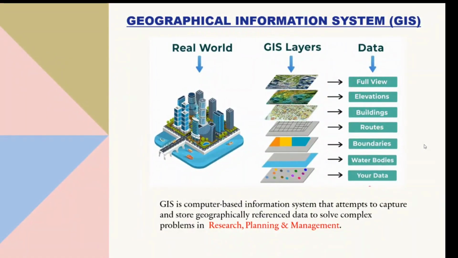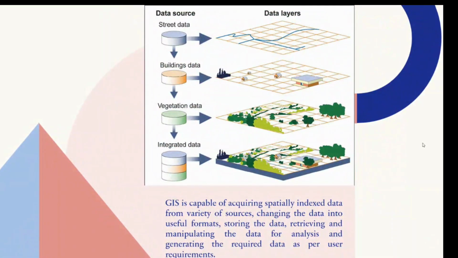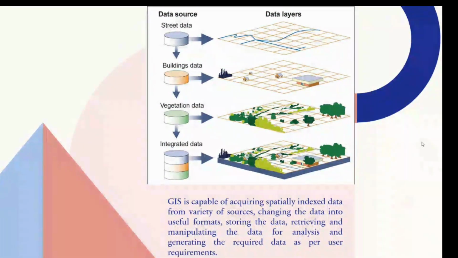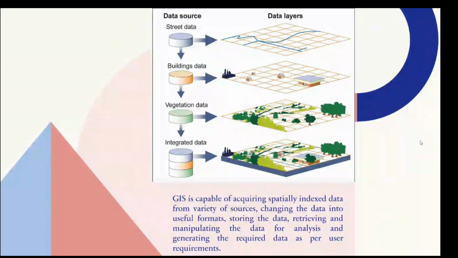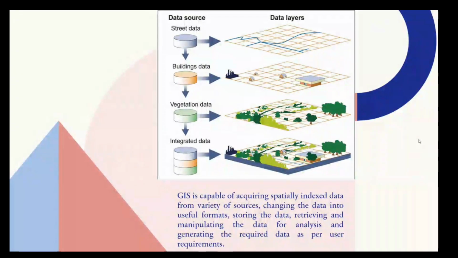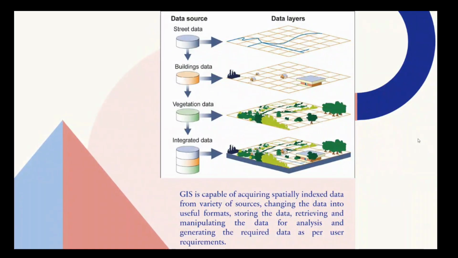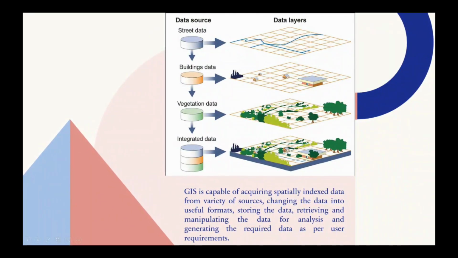It can change data into useful formats like storing the data, retrieving the data, manipulating the data for analysis, and generating the required data as per user requirements. We can see here the data of streets, buildings, vegetation, and all together integrated in the last row.